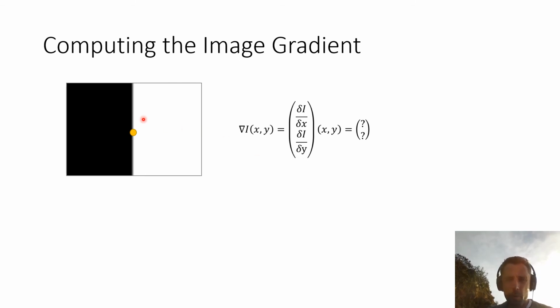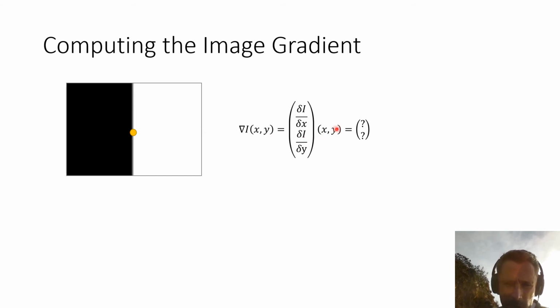Now we want to do this on images. So think of an edge from dark to white, for example, here at this point. So again, this is just a definition that I copied here. So the image gradient at this xy position is the vector of its brightness change along the x direction and along the y direction.